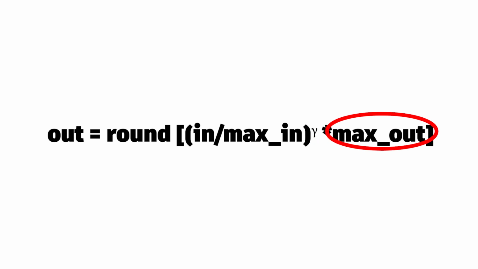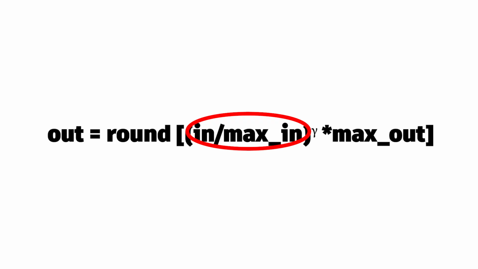Max_out is the maximum output and is usually within the PWM range of 0 to 255, and then out is our corrected output, which we send to the LED. The in over max_in will give a value between 0 and 1 and will represent how bright we want our LED to be on a linear scale.